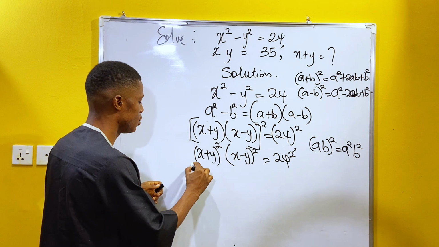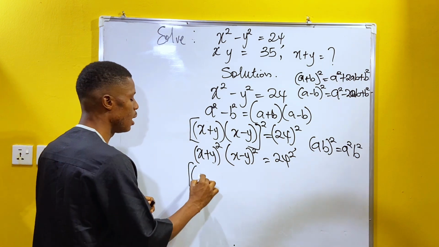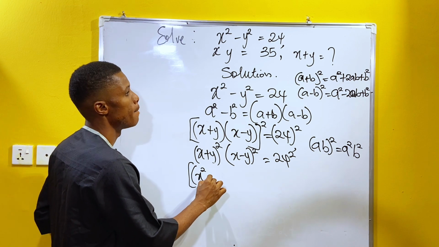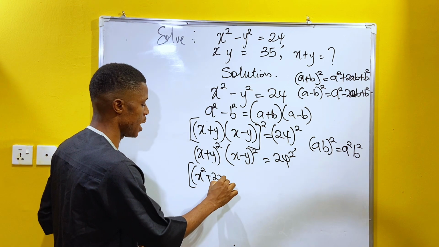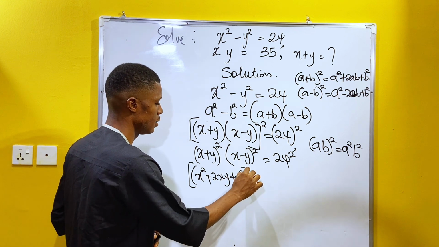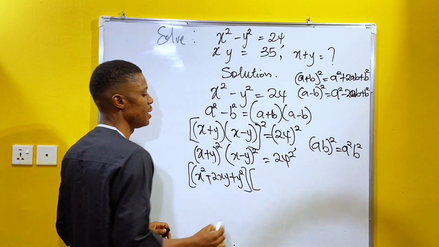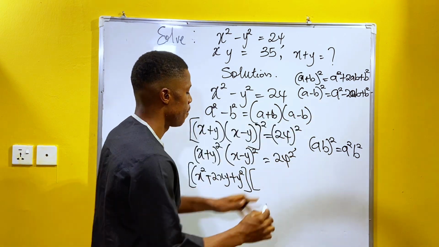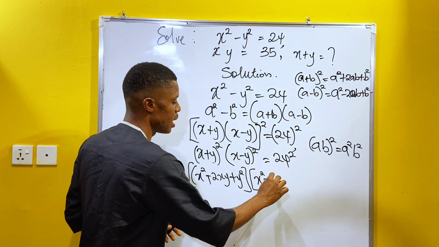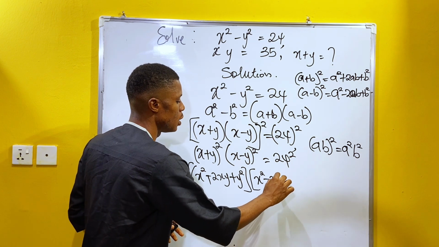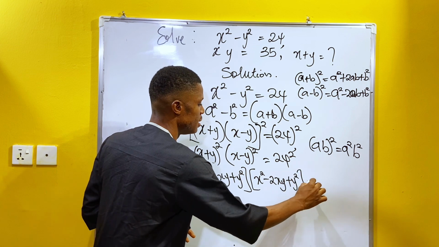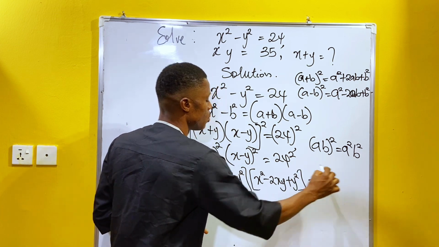So I can write this in the form of, for the addition, x squared plus 2xy plus y squared in a bracket, multiplying for the negative sign, x squared minus 2xy plus y squared, is equal to 24 squared.